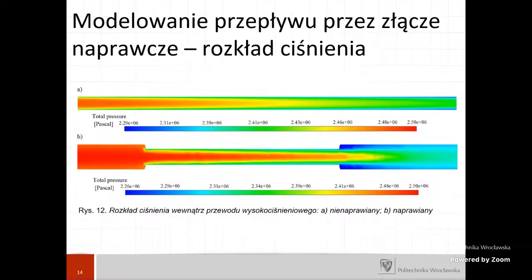Przy przewodzie nienaprawianym, u góry, rozkład ciśnienia jest w miarę proporcjonalny na długości przewodu. Natomiast przy przewodzie naprawianym widzimy, że przed złączką jest w miarę stałe ciśnienie, tutaj dochodzi do znacznego spadku ciśnienia i znowu mniejszy ten spadek.